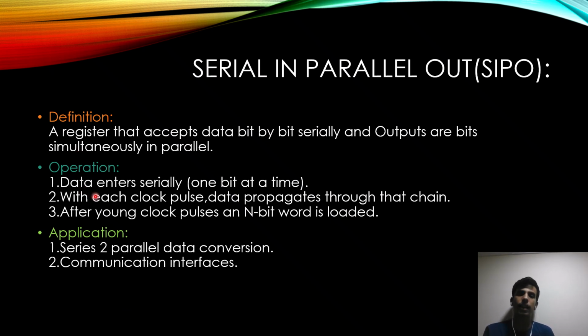Operation: data enters serially, one bit at a time. With each clock pulse, data propagates through the chain. After n clock pulses, an n-bit word is loaded. Applications: serial to parallel data conversion, communication interfaces.